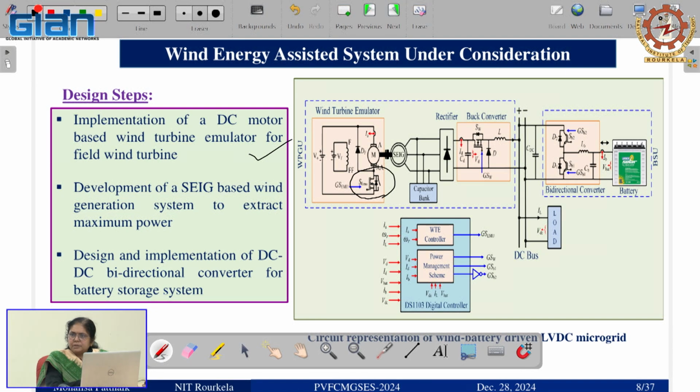Okay, you can have PMSM also, which can be emulated as a wind turbine. All these things you can get in the literature, but here, for simplicity, we have taken a DC motor induction generator set, which is available in our laboratory. Okay, so after developing this wind turbine emulator, then the SEIG along with the rectifier and buck converter, after designing, we have integrated it.